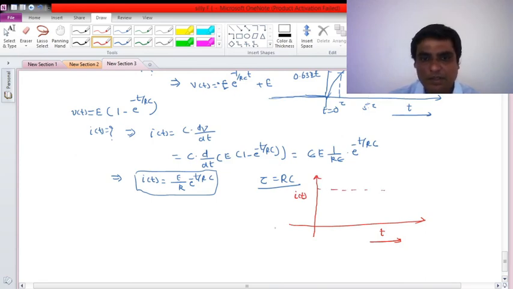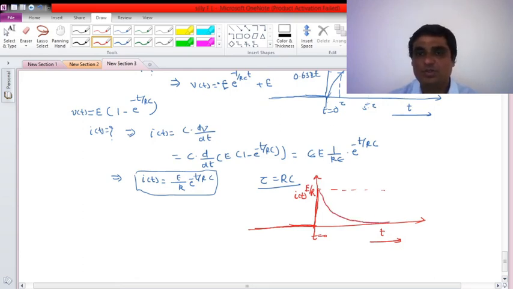From minus infinity to 0 negative, current is 0 because the switch was open for a long time. Then at the switching instant, at t equal to 0, there is a sudden jump in current, which is E by R, and from that it decreases exponentially and reaches 0.